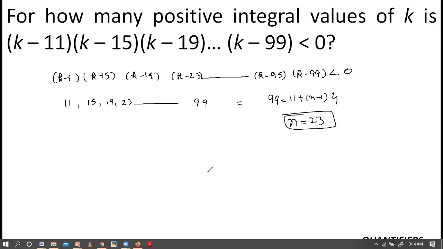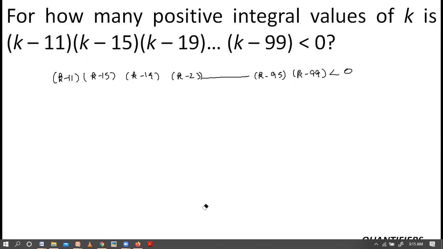So these are nothing but a series, consecutive brackets of 23 numbers, right? So 1, 2, 3, 4 up to 23. So for every number, I can say that there are 22 gaps that I have. Between 1 to 2, there is one gap. 2 to 3, there is one gap. 3 to 4, there is one gap. So up to 23, there are 22 gaps.